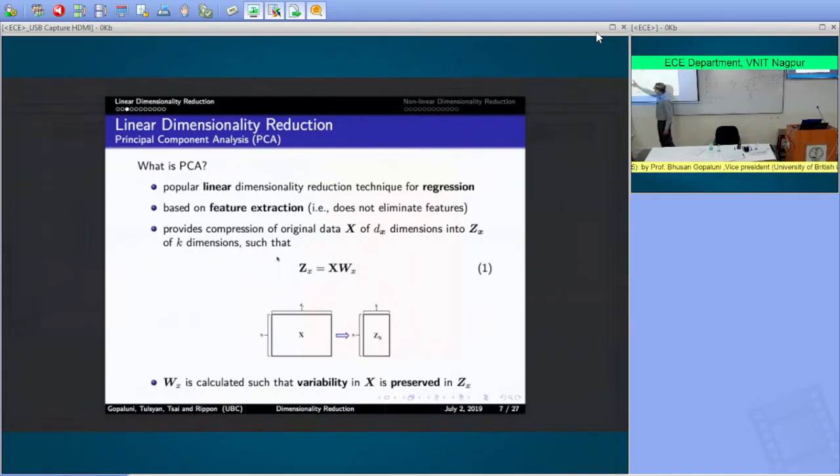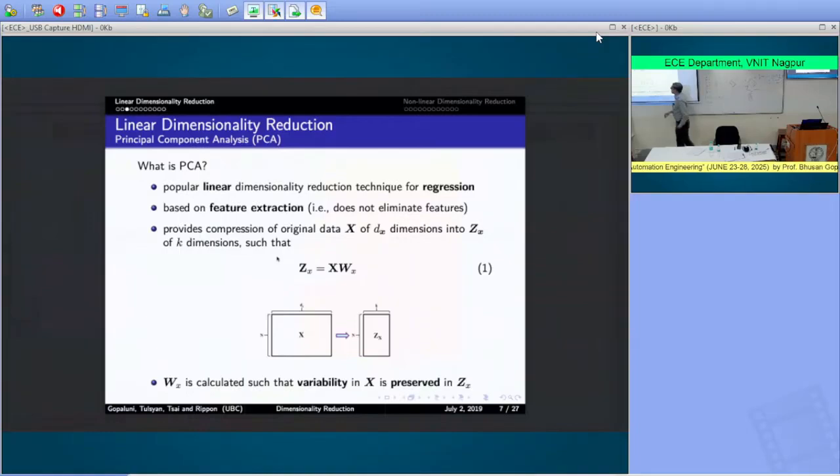You have n samples and dx original features. We want to reduce the number of features from dx to k. You're still going to have the same number of samples. And to do that, you have to rotate your axes. That is equivalent to multiplying the data matrix with some other weight matrix, wx, in order to get zx.